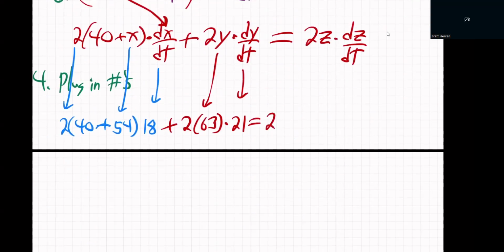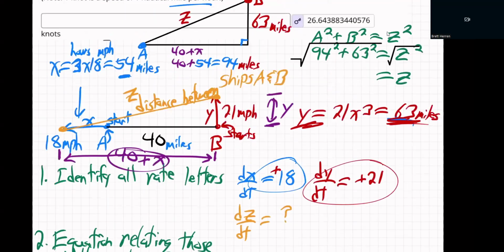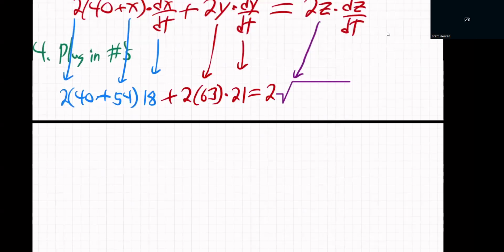And then what is z? Well, z is going to be the square root of that whole thing. We found z right here: 94 squared plus 63 squared. And then dz dt. We're looking for dz dt.